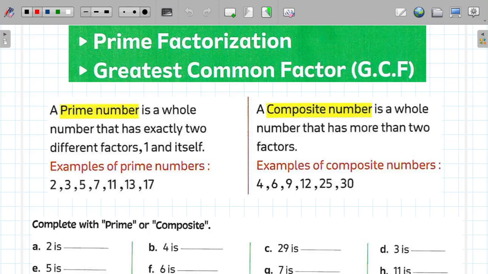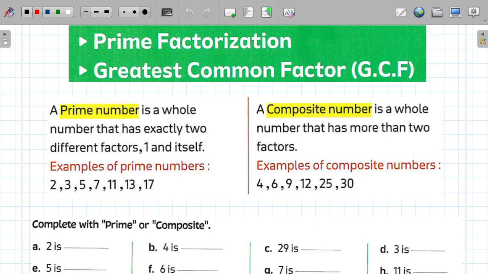And what is the difference between prime numbers and composite numbers? How to know the number from the product of its prime factors, and how to reach the greatest common factor, GCF, between any two numbers in more than one way.